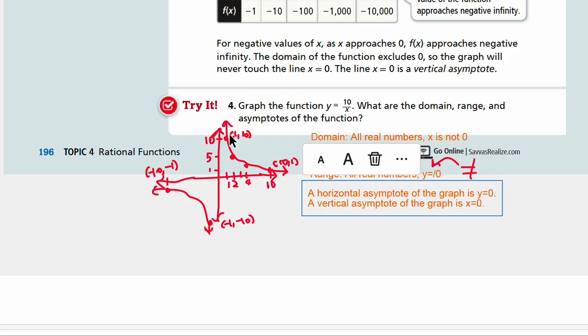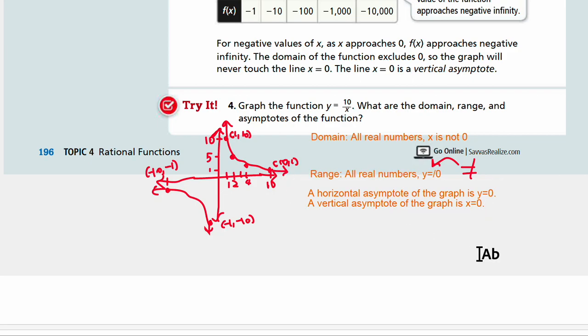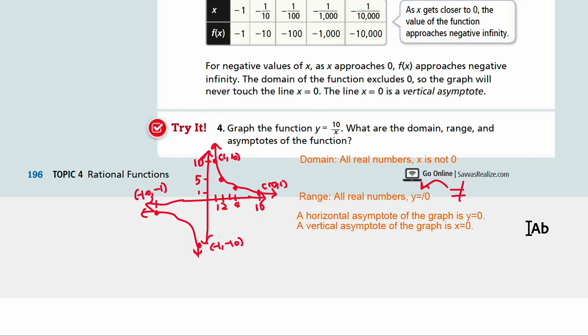Yeah, so your graph will never touch the line where x is equal to 0 and y is equal to 0. And that makes sense because our domain does not include zero, and range does not include zero either. So everything makes sense.